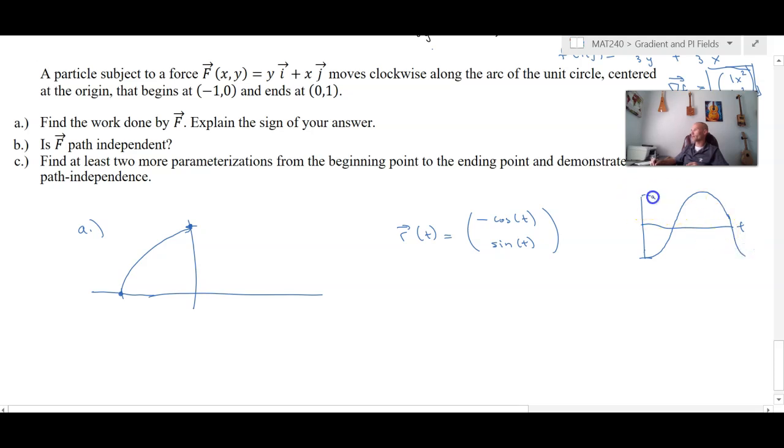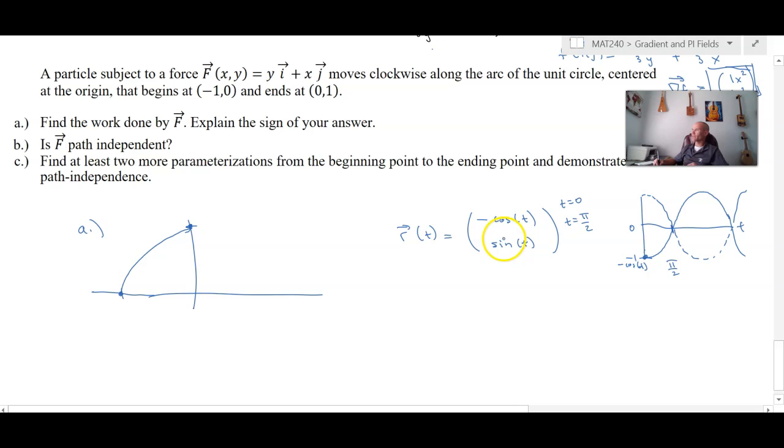So negative cosine will take me from -1 to 0 in pi halves radians. So this will go from -1 to 0, from t equals 0 to t equals pi halves.